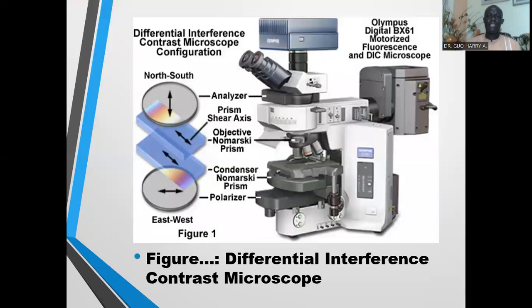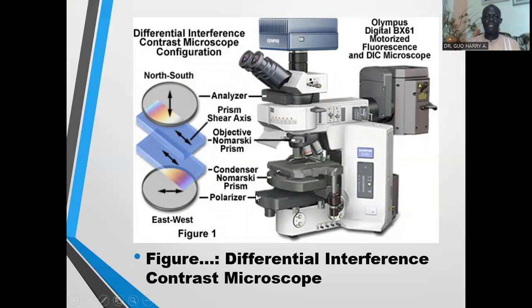Now, this is the picture of the differential interference contrast microscope. It has an analyzer, and it also has the objective that is called the Nomarski prism, and also has a condenser like the other compound light microscope, but the condenser is called the condenser Nomarski prism.